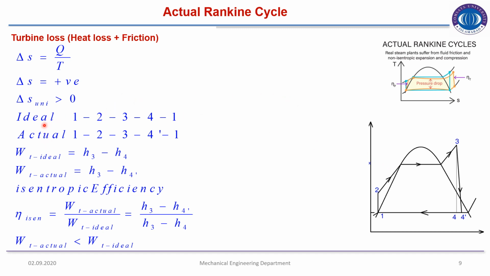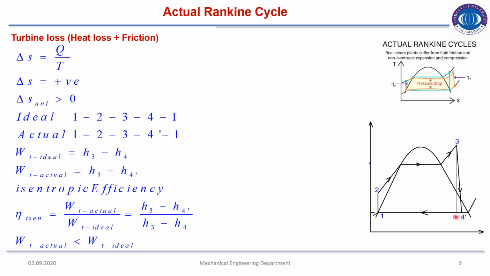The ideal and actual processes are shown on the TS diagram. For the turbine, the process is from 3 to 4. Process 3 to 4 is a straight line. One is a solid line and one is a dotted line. The dotted line represents the ideal process, whereas the solid line represents the actual process.